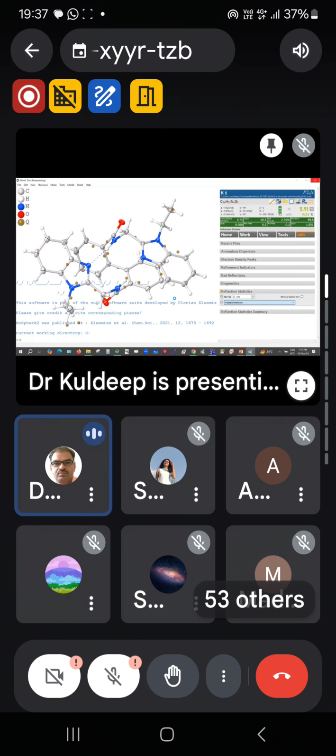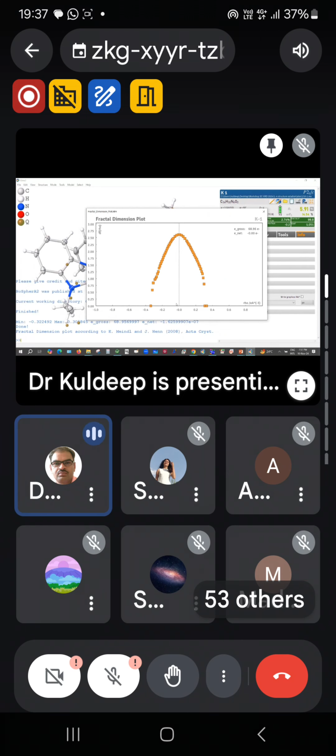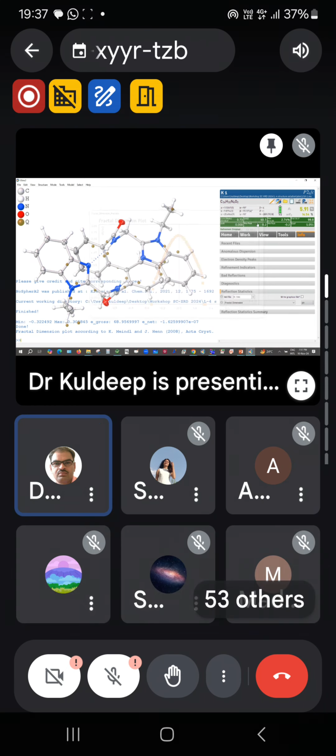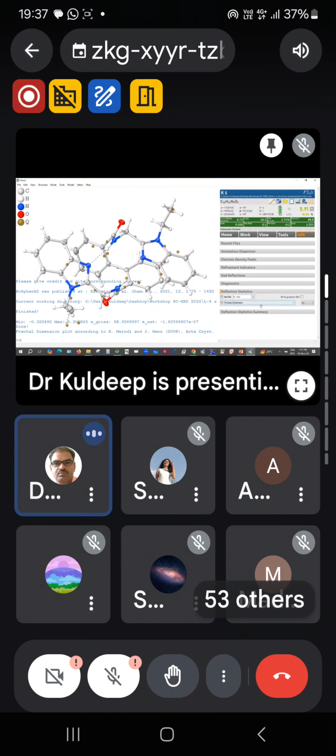Sometimes it takes more time depending upon the size of your structure. Okay, now yes, here. So this should be symmetrical about this central line. Now you can see it is almost symmetrical. There is some dissymmetry here. Otherwise, it's looking nice. There are some other curves also which have their usual meanings. We can check each and every plot.